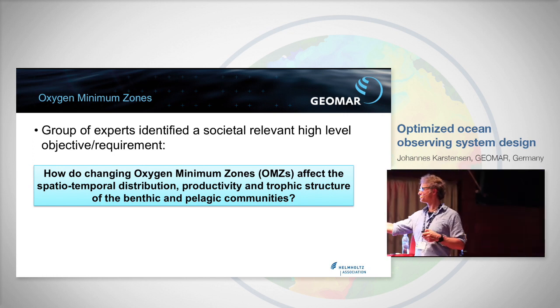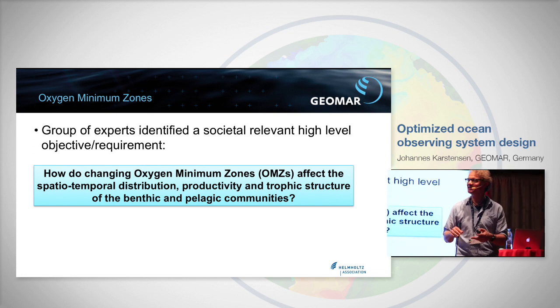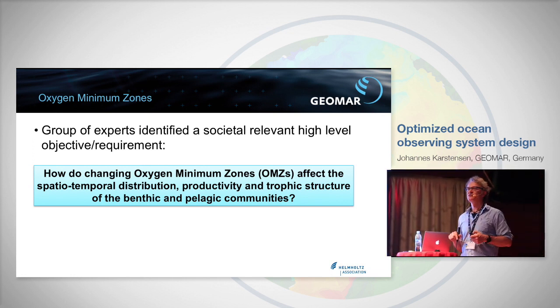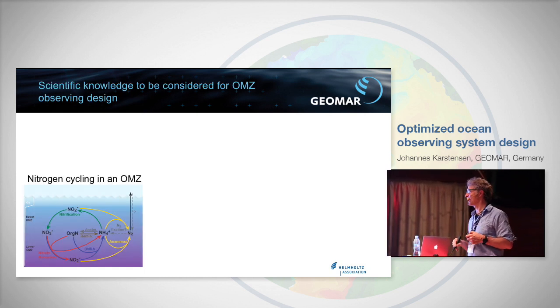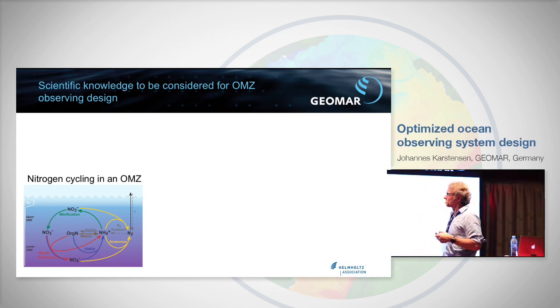So water column, and also benthos, the seafloor communities, and how do they interact with oxygen variability and so forth. So you can see already this is quite complex. I will show you a few examples of the complexity.